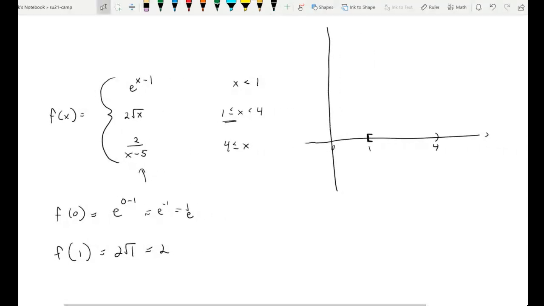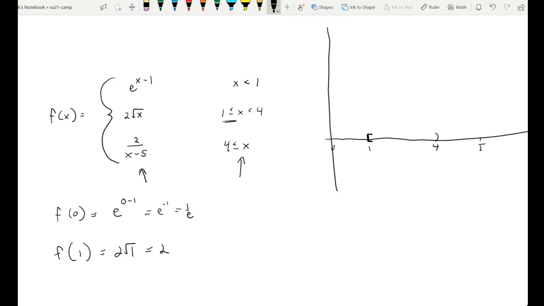If you look at that third piece, where is that not continuous? Yeah, at 5. And do we use that piece whenever x equals 5? Yeah. If x is 5, 5 is greater than 4, therefore we would use this piece. But then that piece is not defined there.